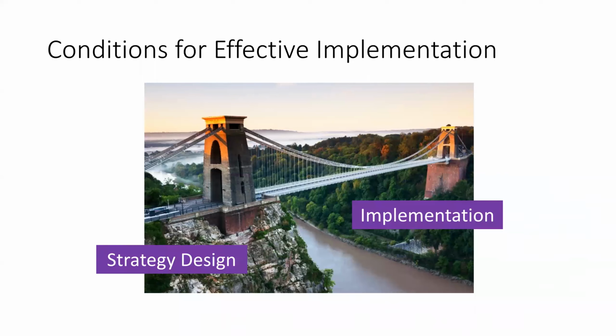Understanding the conditions can help us be more mindful and intentional about designing our strategies and managing implementation in a way that can lead to better results. So what are some reasons it may be helpful to know about conditions for effective implementation? This photo may provide a clue. Here's one thought.